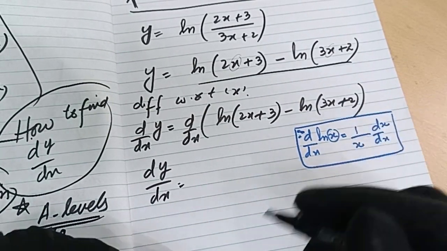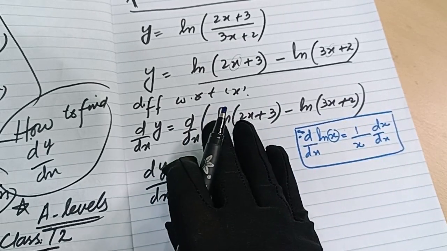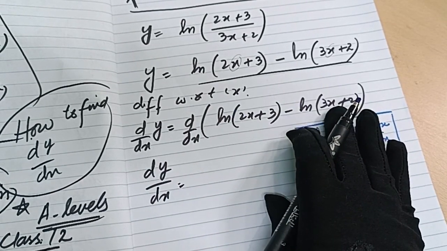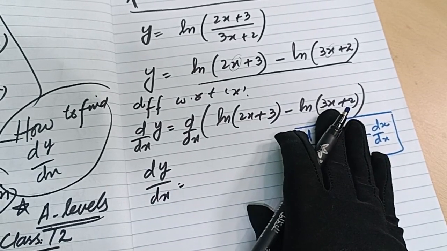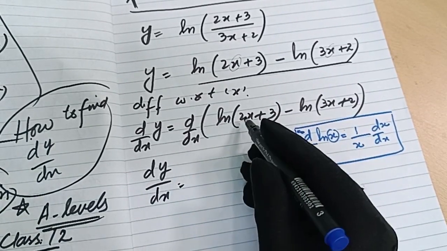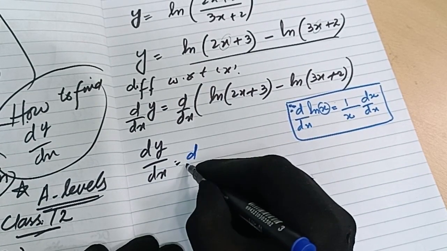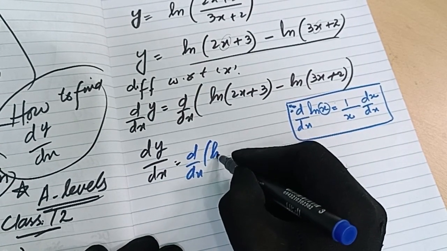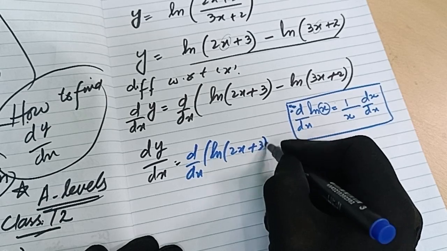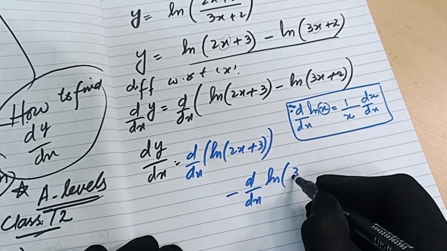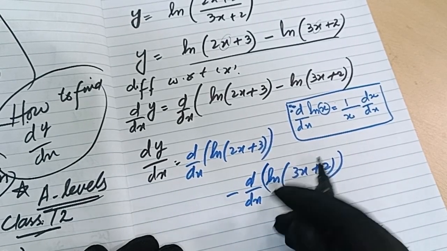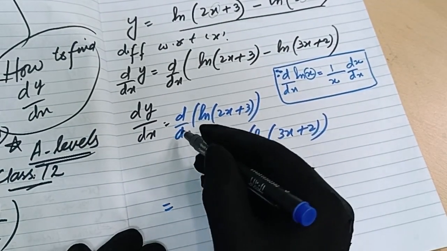So we will use this relation to find the derivative of the first function minus the derivative of the second function: derivative of natural log of 2x plus 3 minus derivative of natural log of 3x plus 2.